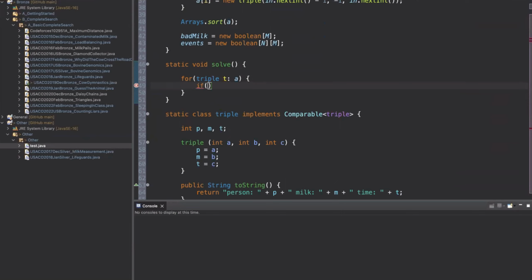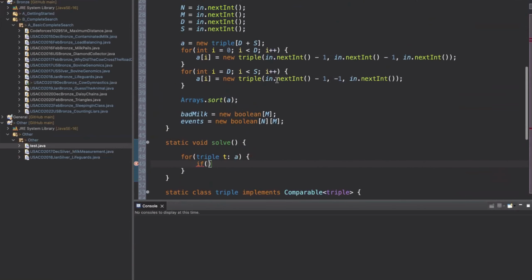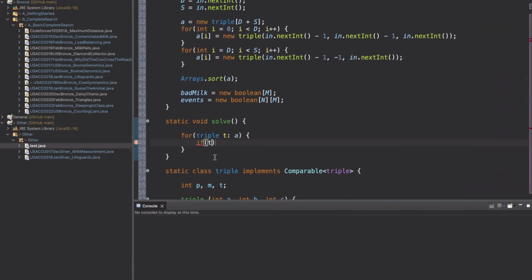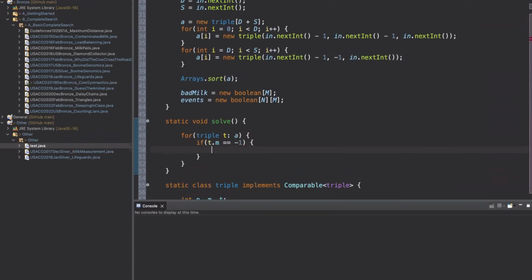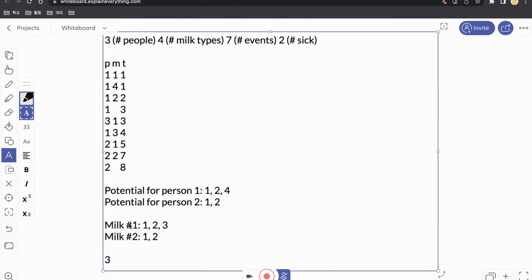And while we're looping through the events, if we see that the type of milk is -1, which if you remember means that the person got sick, then we're going to loop through the milks that they drank.